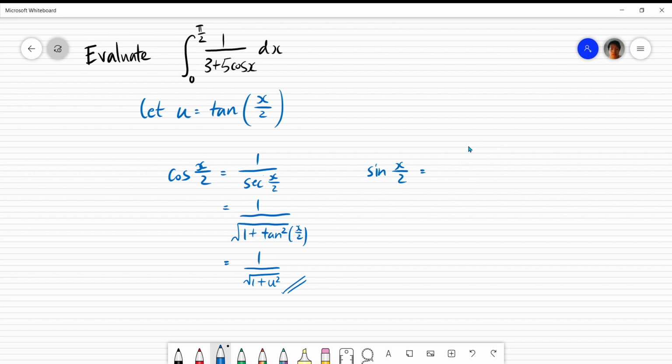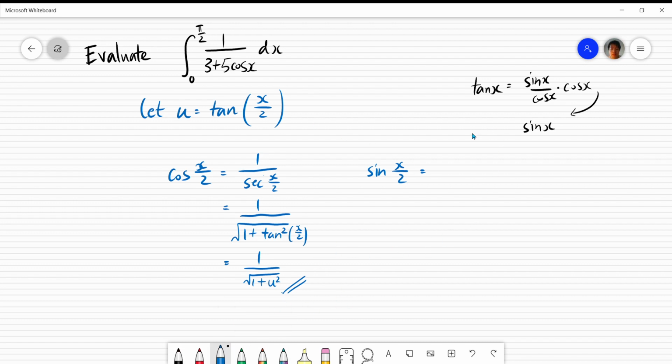Well, let's think about this. We know that tangent is sine over cosine. All you have to do is multiply by a cosine to get sine. So we just need to divide by secant of theta to get sine theta.